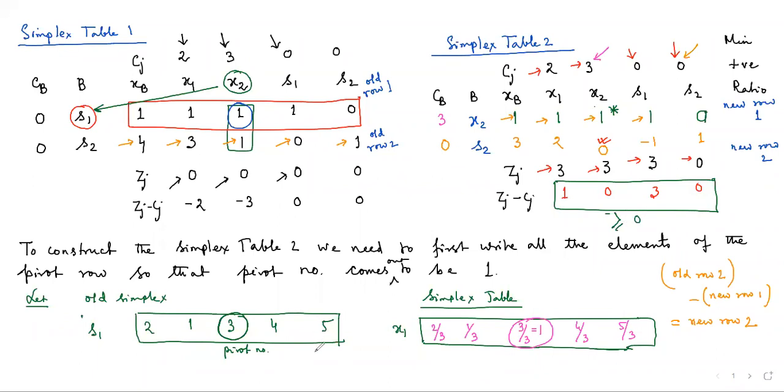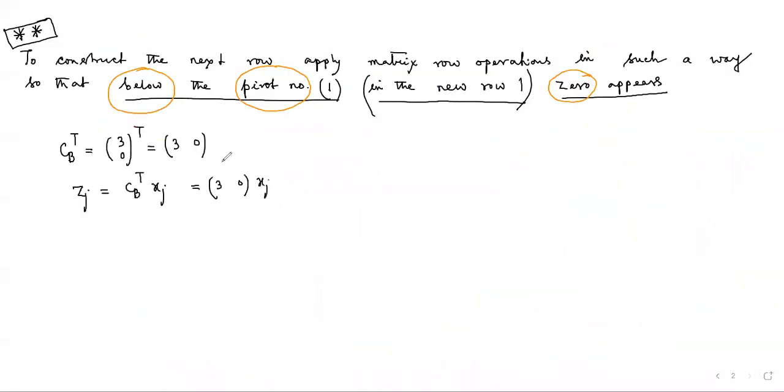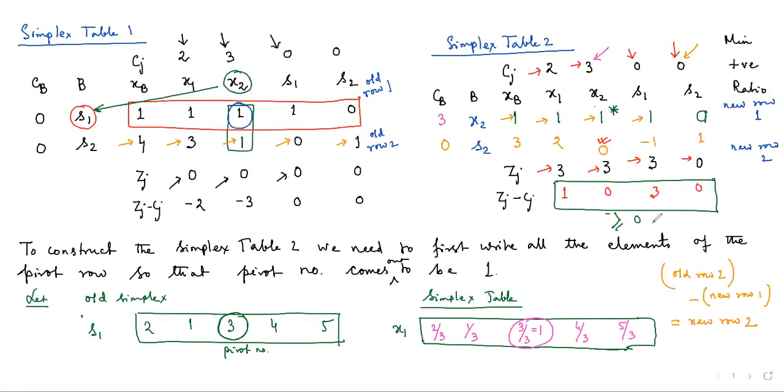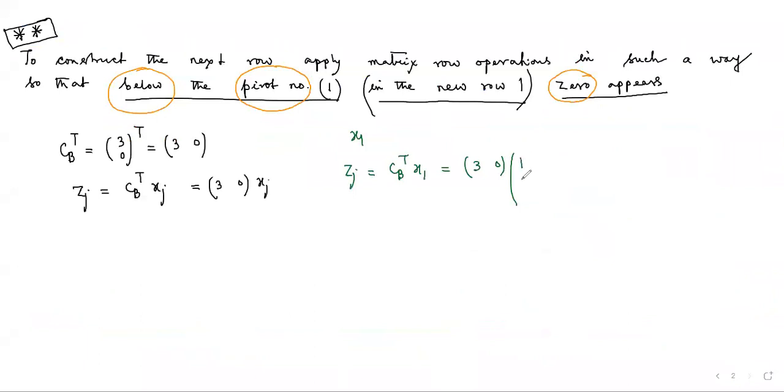Now, in simplex table 2, here is how Zj is calculated. See the formula. If I talk about the column x1, Zj will be CBT into the x1 column. CBT is your matrix 3, 0, and the x1 column has these values 1, 2.